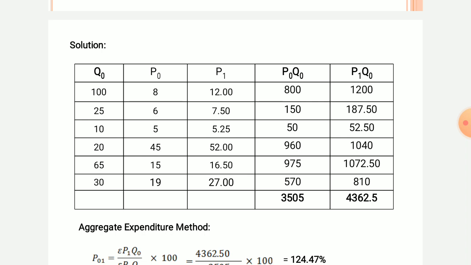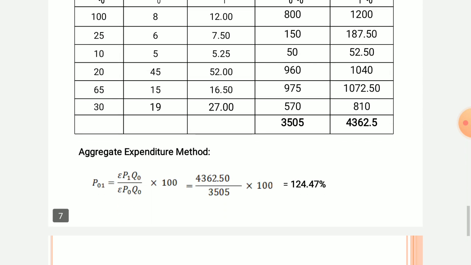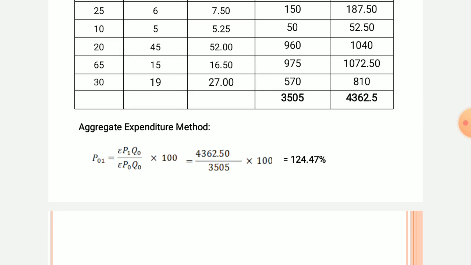Now substituting the values of P0Q0 and P1Q0 in the formula, we can construct index numbers. So under the aggregate expenditure method, P01 is equal to sigma P1Q0 divided by sigma P0Q0 into 100.